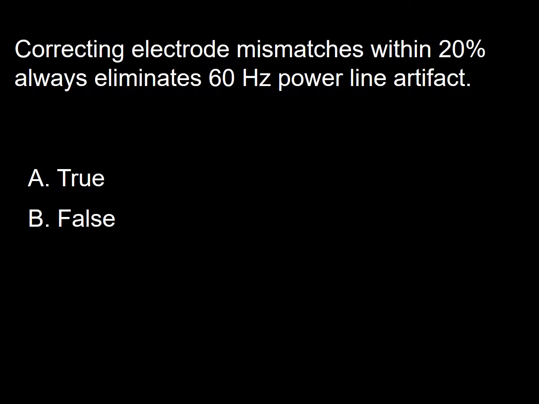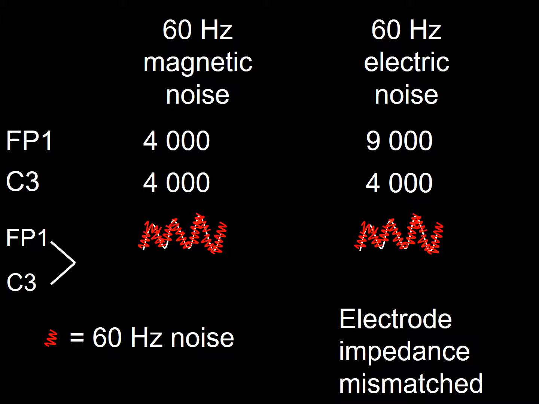Next question. Correcting electrode mismatches within 20% always eliminates 60 Hz power line artifact. A. True, B. False. Electrical noise will produce 60 Hz artifact if an electrode mismatch is present.